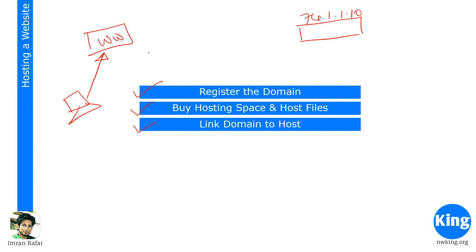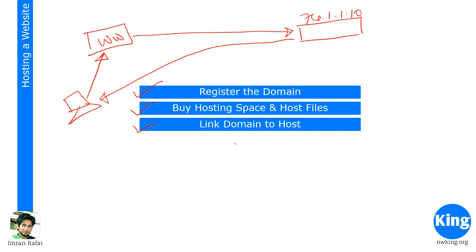So this computer would send that request to this server, where you host the files, and this server will send the file back to your computer, and your computer will display the website. And that is how it is done, right? So this part, the linking between domain name and host, is done.